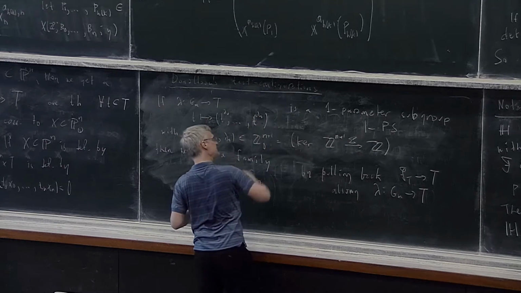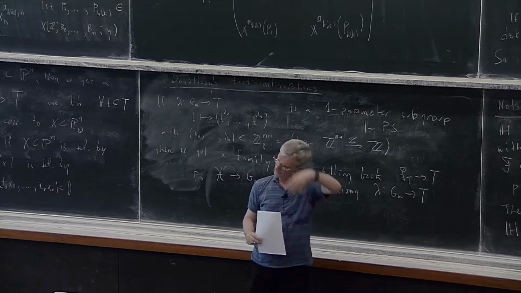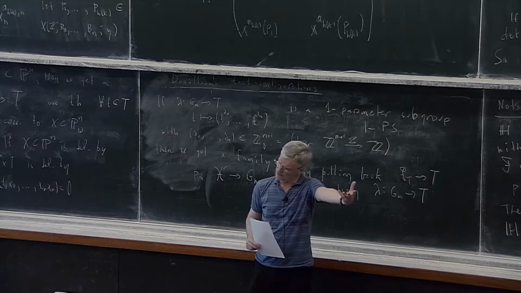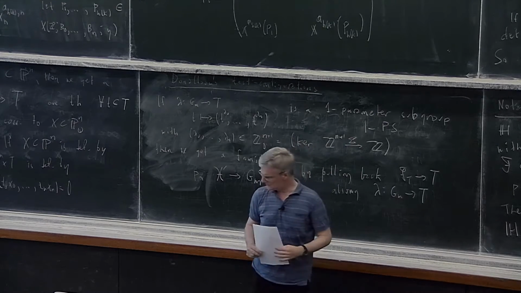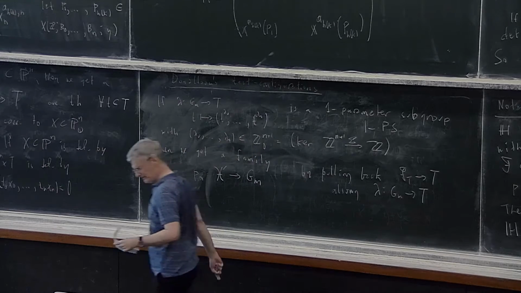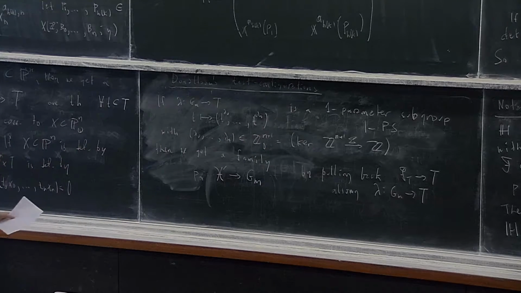So now maybe you will already see the similarity with the statement when I formulated the main theorem with Chauvites yesterday. But this will be an intermediate step, to consider such families.